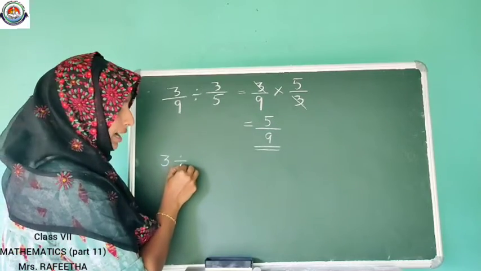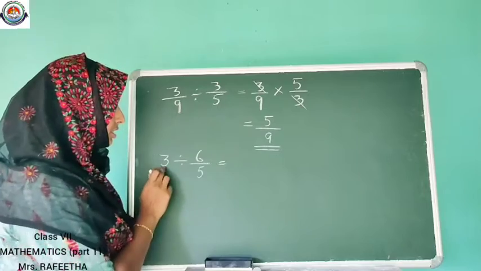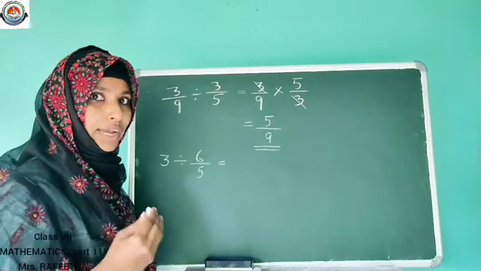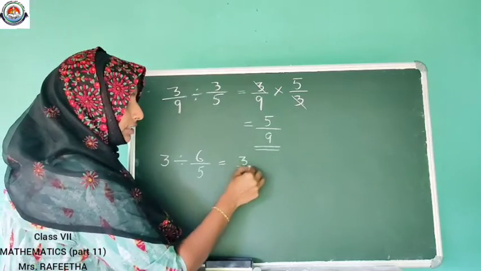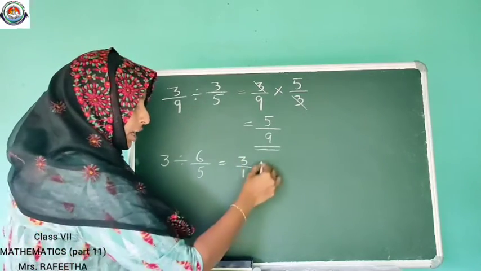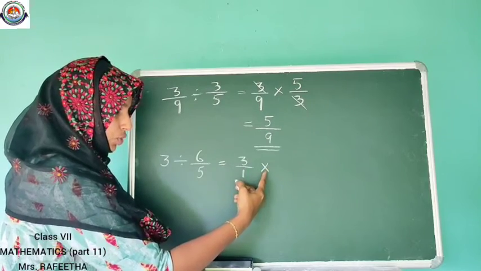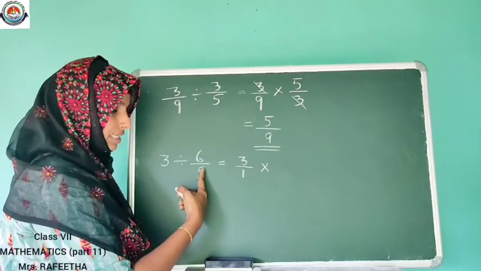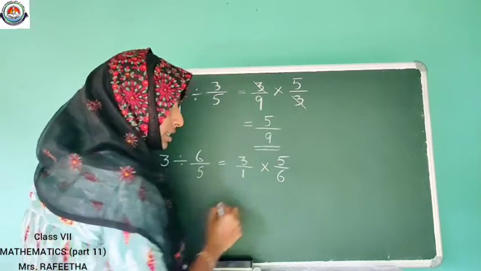3 divided by 6 by 5. Here 3 is a whole number, so we want to write that in fraction form. We can write 3 as 3 by 1. Instead of division we write multiplication by the reciprocal of 6 by 5, that is 5 by 6.